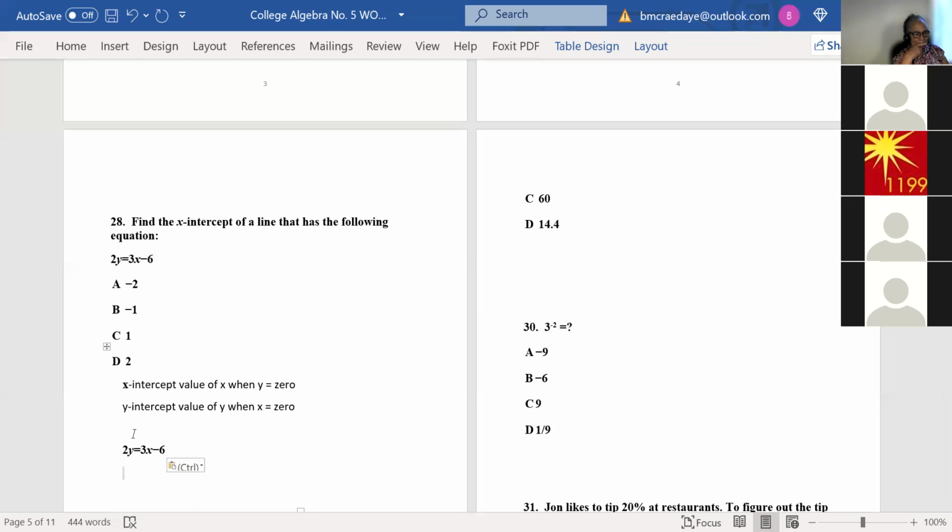So what do you get for x, Latoya? Put a 0 in for this y, and then solve this equation for x. What do you get, Latoya? It's minus 2. Minus 2? You sure? No, it's not minus 2.